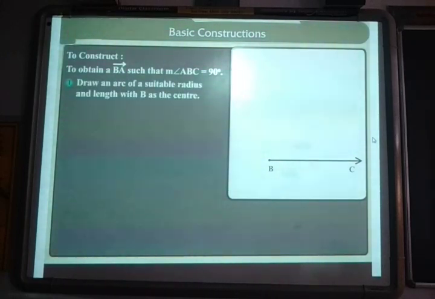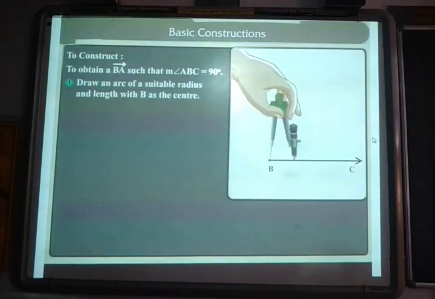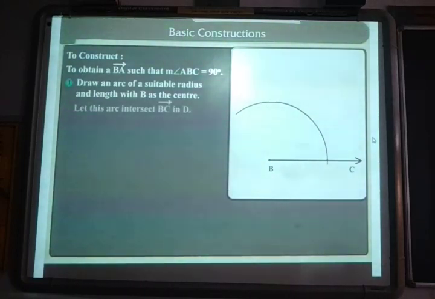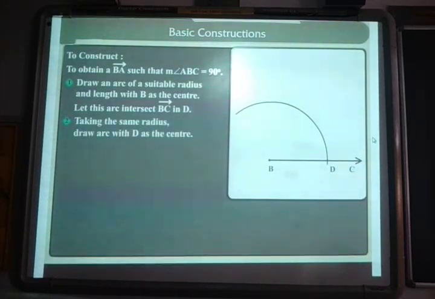First, we will draw an arc of a suitable radius and length with B as the center. This arc intersects the ray BC at point D. Taking the same radius, draw an arc with D as the center. This arc intersects the first arc at point E.